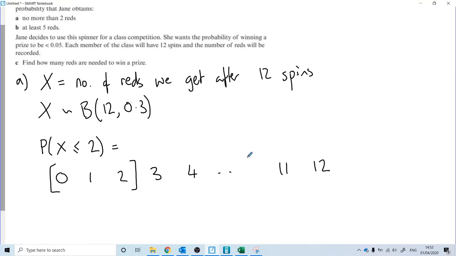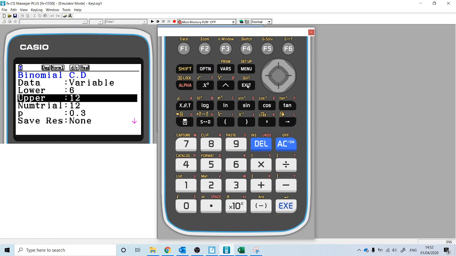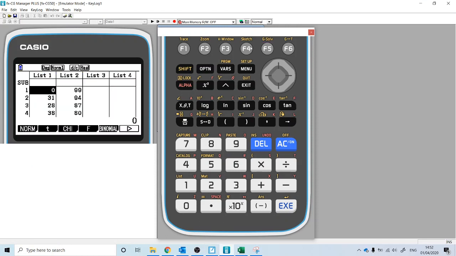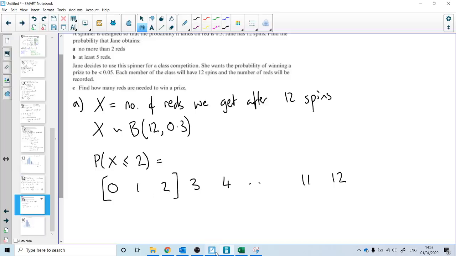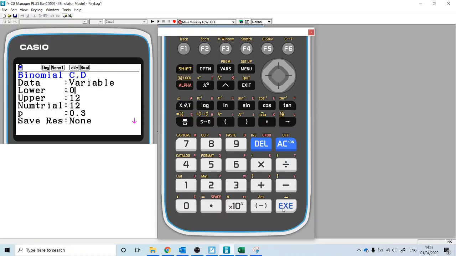So we're going to use the calculator function and we want distribution, binomial CD, cumulative, because we want to add up multiple probabilities, and we want to add up all the way from 0 up to 2. So from X equals 0 up to X equals 2. So we're going to put our lower as 0 and our upper as 2.